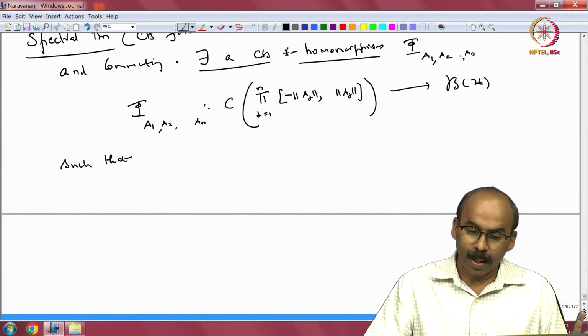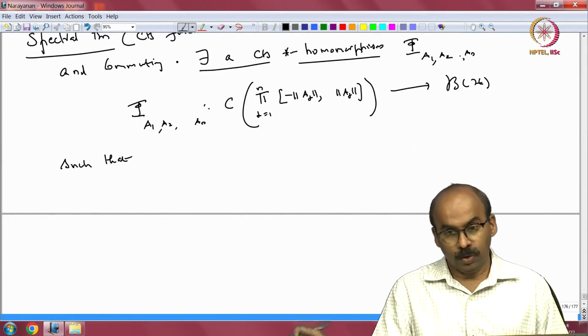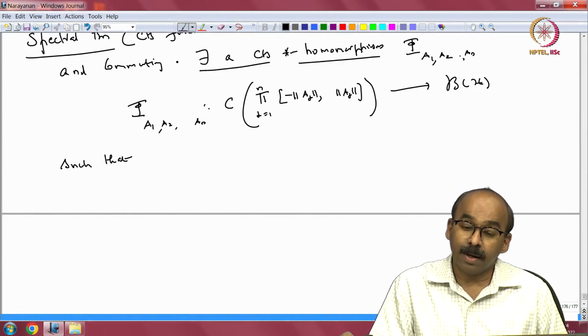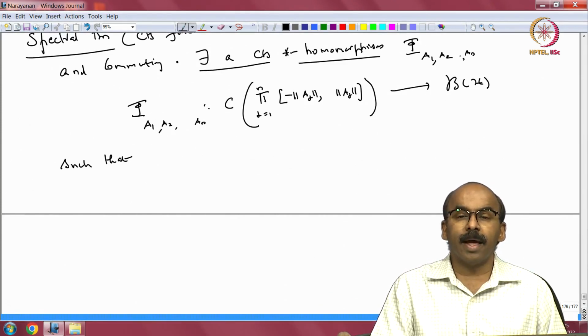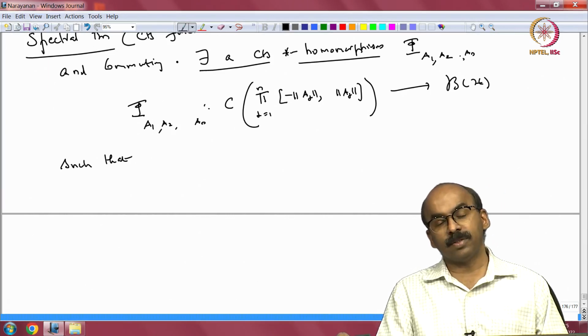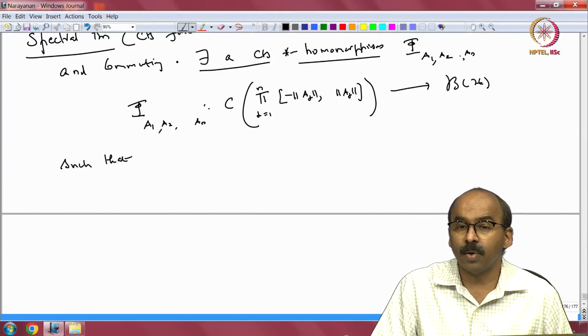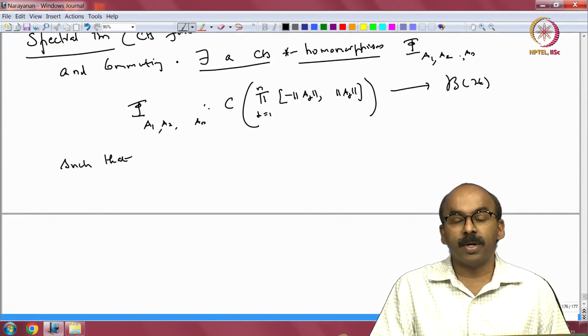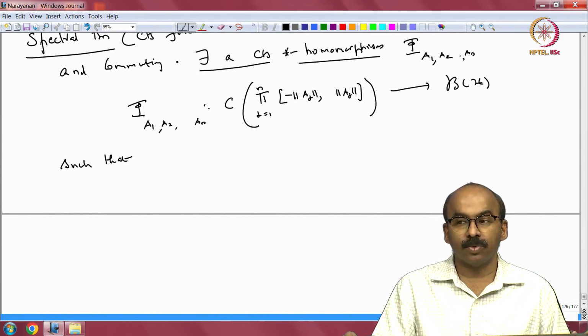The constant function 1 should go to the identity operator, since it is a star homomorphism, but the a1 a2 a n should be identified with the coordinate functions. If I look at x in the product space, it has n coordinates, x is x1 x2 xn.